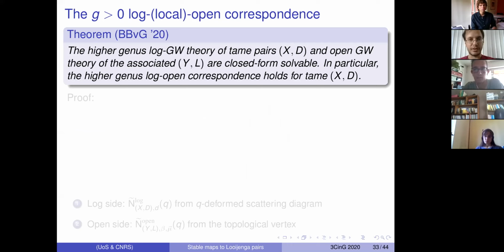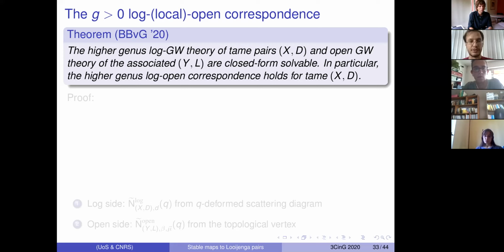The first implication of 2 is that our motivation comes from basically reading physics papers. There's a definite recipe which deserves some better conceptual understanding. And the price that we have to pay for our ignorance is that to prove the higher genus log-open correspondence, we need to prove something stronger, or at least that's what we do.